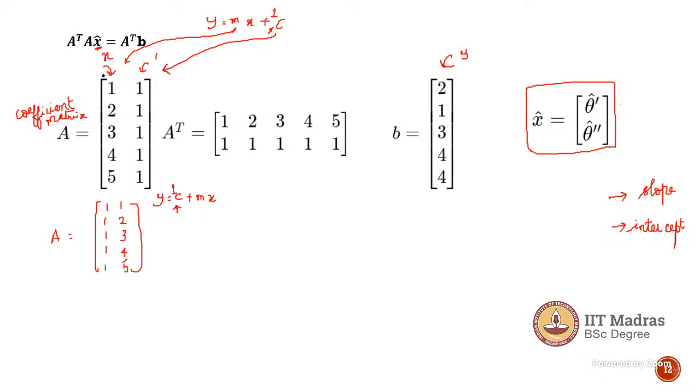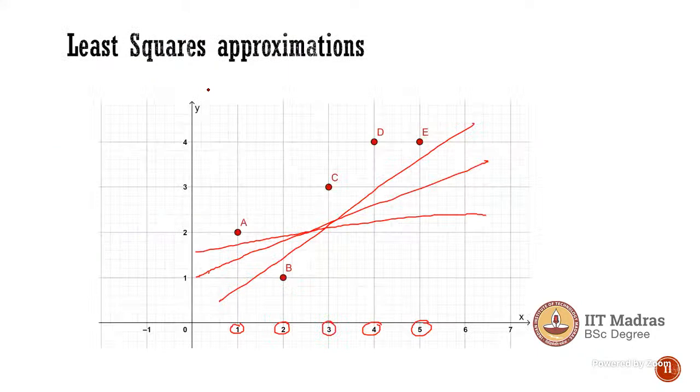See, for example, let me come from this slide. If you are given some data points, you may be given them in a tabular format also. See, x is 1, 2, 3, 4, 5 and y is say 2, 1, 3, 4, 4.